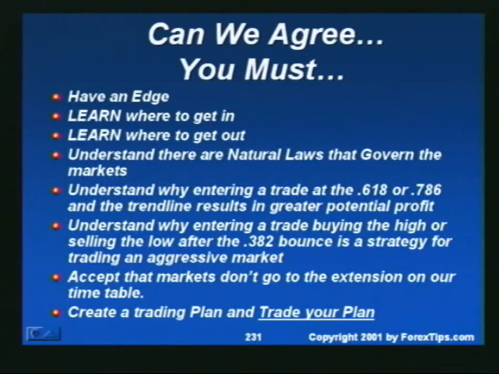Let's all agree you've got to accept the fact that there are natural laws that govern our market. I've shown you this. It's the most amazing thing that I've ever seen. You have to enter these markets at the 618 and 786 and a convergence, because that creates a higher probability of a bounce and creates a higher probability of profitability.